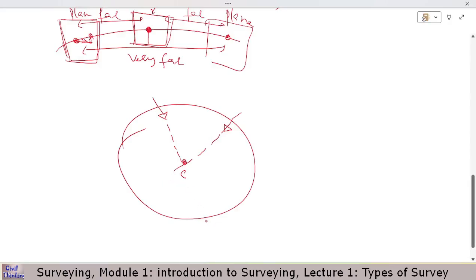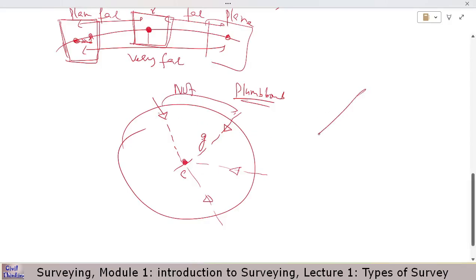Similarly here it will point towards the center. It doesn't matter wherever you are, if you drop a plumb bob, it always points in the direction of gravity, because gravity is also towards the center, if you know from physics. But you can see here they are not parallel, right?